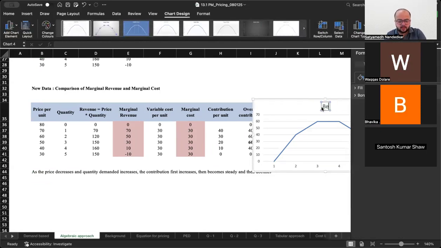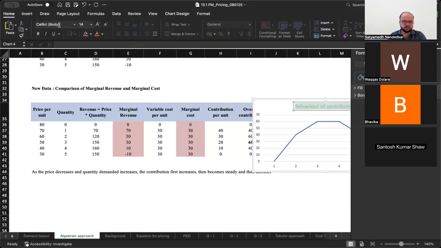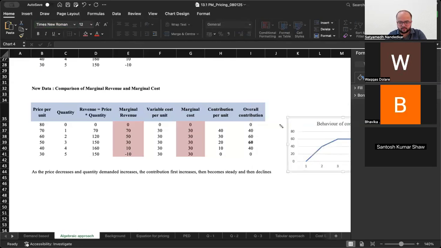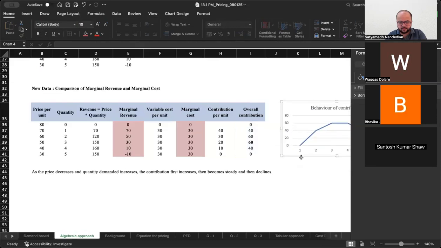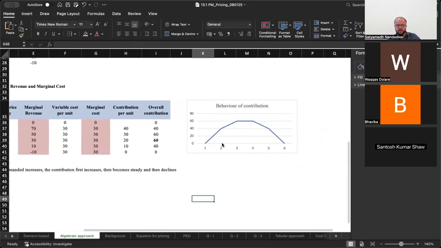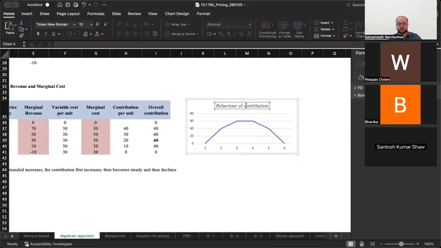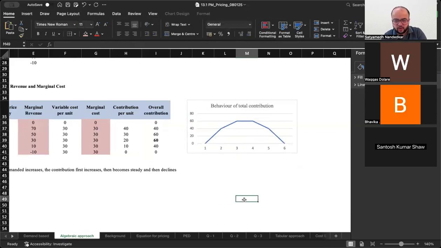You see here, this is our behavior of contribution. It goes up, it steadies, and then it falls down. I'm talking about behavior of total contribution, not contribution per unit, behavior of total contribution.